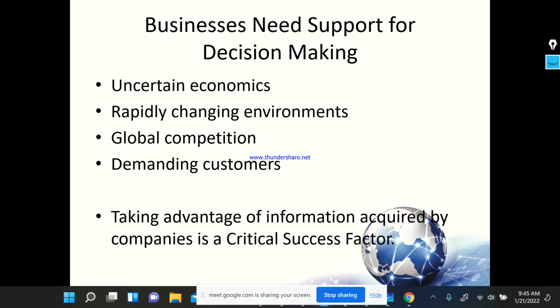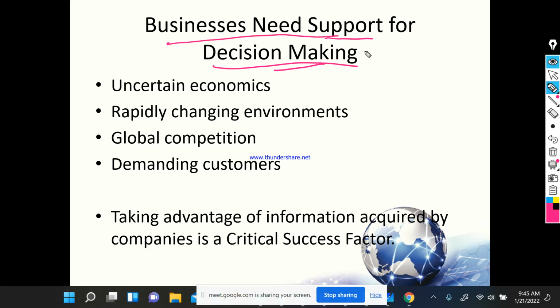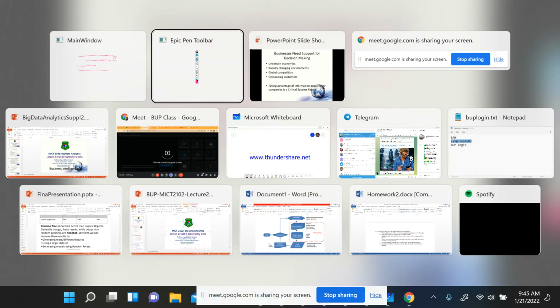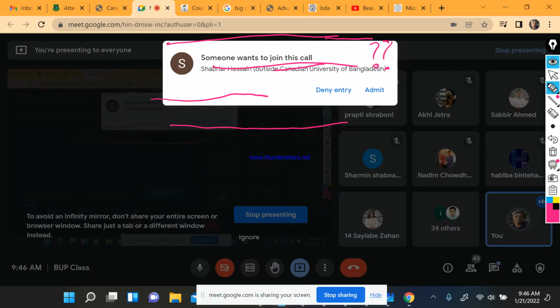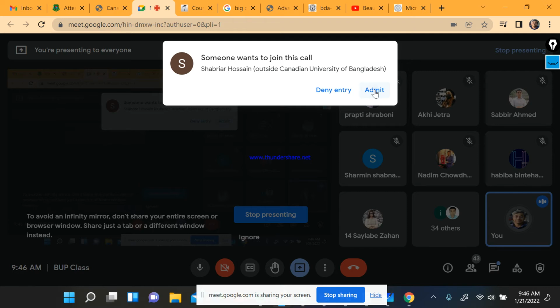Talking about business, why does business need support for decision making? If you look at it, there is uncertain economics, a rapidly changing environment, and globally business trends are changing very fast. So it is natural to expect something of a different order.